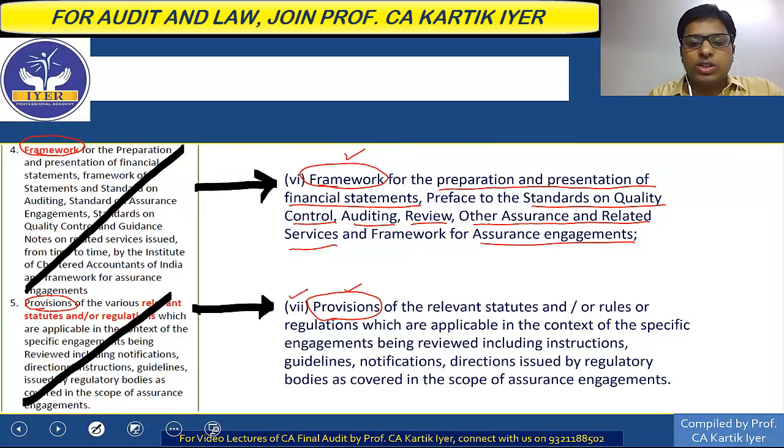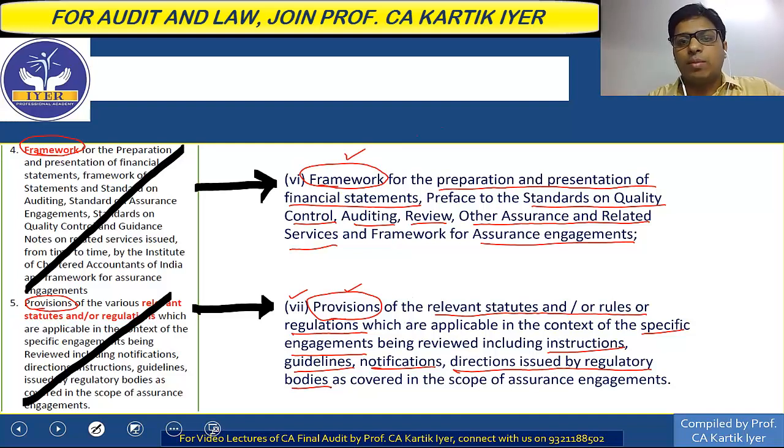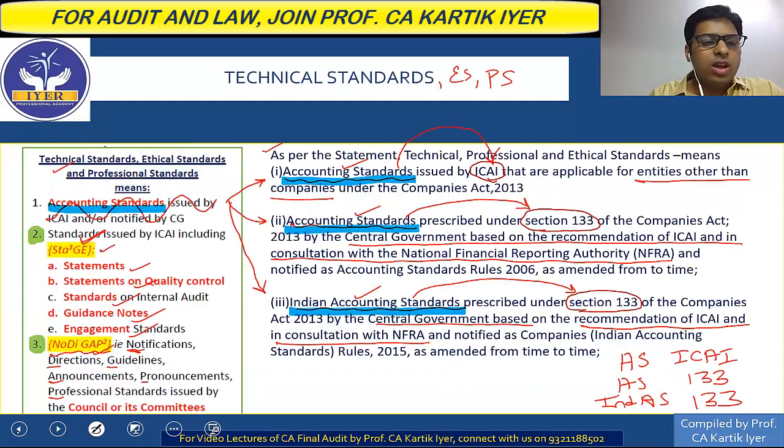That is this point, provisions of the relevant statute and or the rules or regulations which are applicable in the context of specific engagements being reviewed, including instructions, guidelines, notifications, directions issued by regulatory bodies as covered in the scope of assurance engagement. So again, whether the provisions have been complied with properly or not, which are required to be complied by the practice unit. Easy to understand.